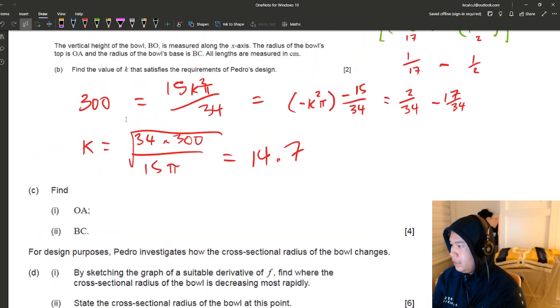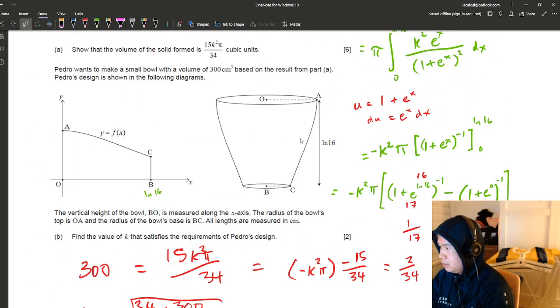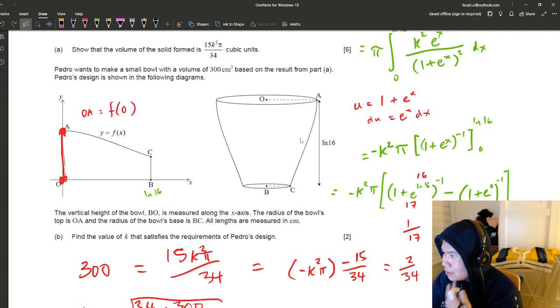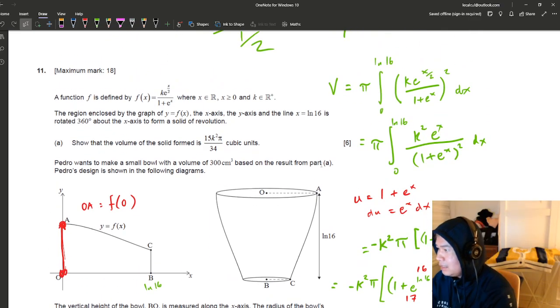Okay, find OA. What's OA? OA is right here. Okay, since this is just from the x-axis to your function, isn't OA just when you plug in the x value 0 into your function? Yeah, it is. So if I plug in 0 into here, then I'll get k e to the power 0, so that's just 1, divided by 1 plus e to the power 0, which is just 1, so this is 1, so k over 2.